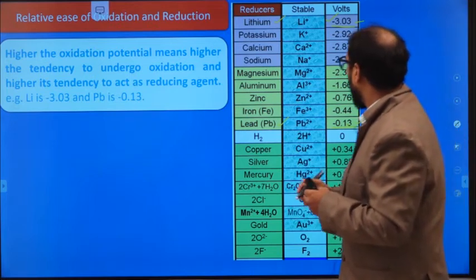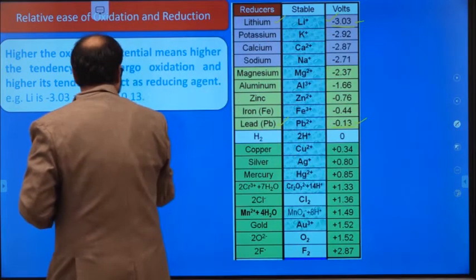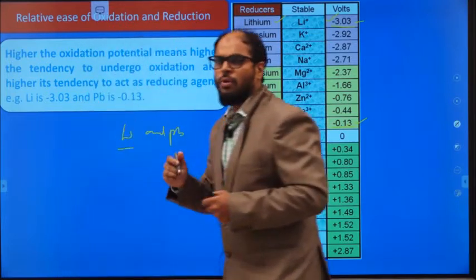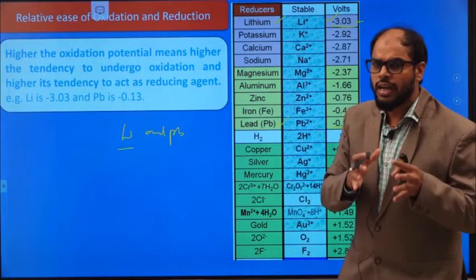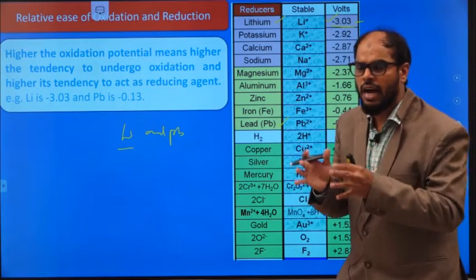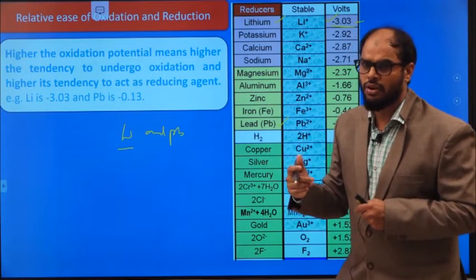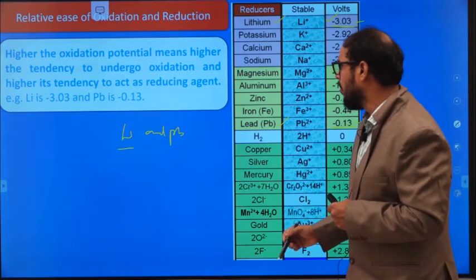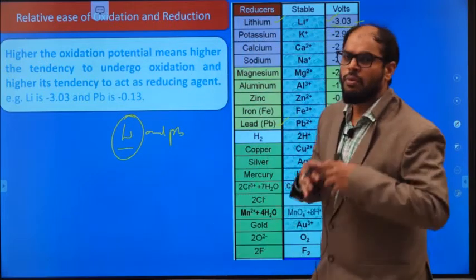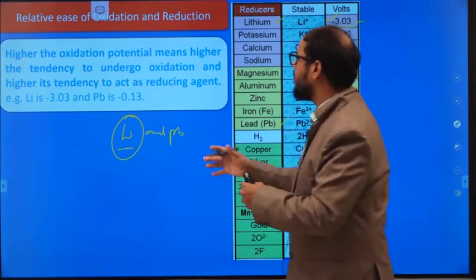So among lithium and Pb, lithium has more tendency to lose electrons in comparison to Pb. Though both lithium and lead have a tendency to lose electrons, from the electrochemical series value we can be very sure that lithium is more electropositive than Pb.